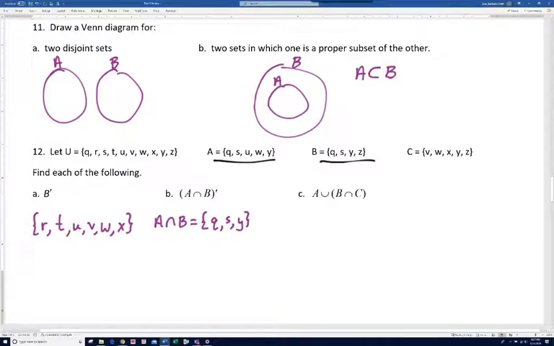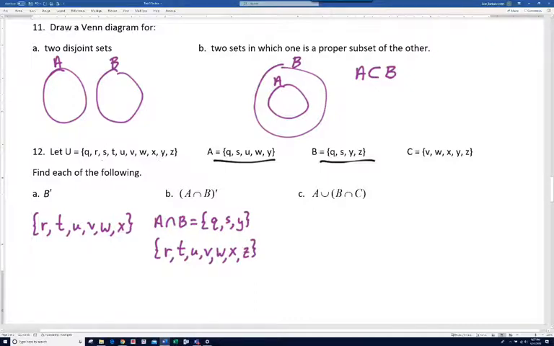Now the complement would include everything in the universal set that's not in set A intersect B. So let's go ahead and cross off Q, S, and Y, and what's left over would be R, and then T, U, V, W, and X, and don't forget Z.